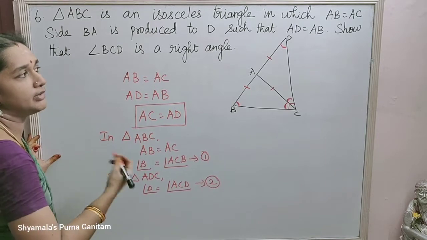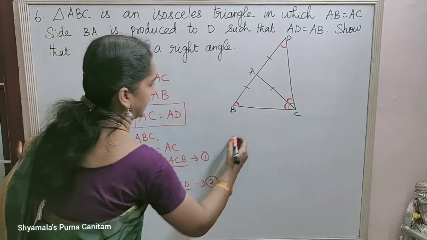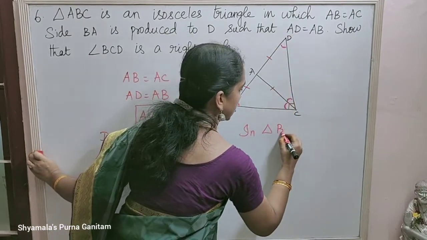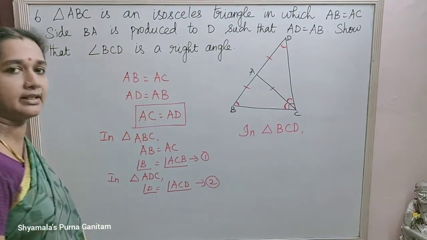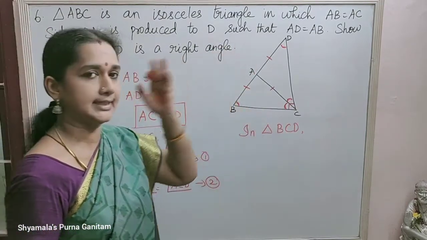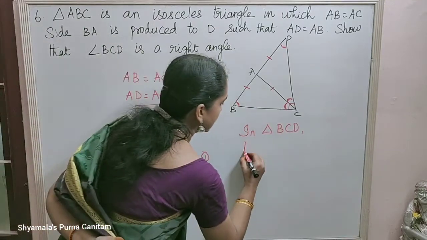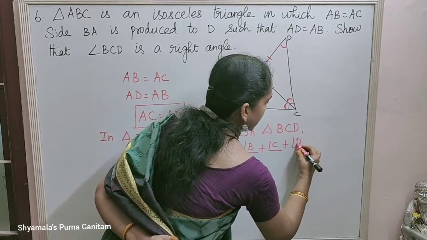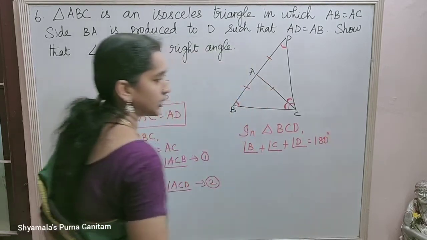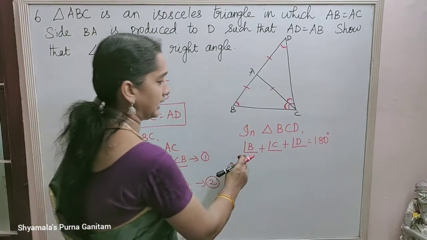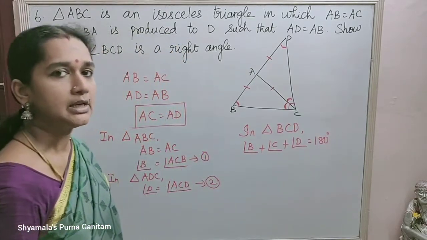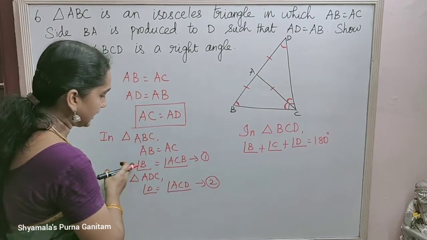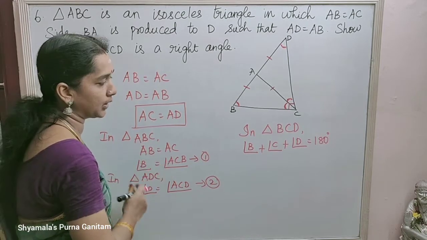For that we will take the whole triangle, triangle BCD. Using the angle sum property, angle B plus angle C plus angle D is equal to 180 degrees. We have already proved that angle B is equal to ACB.